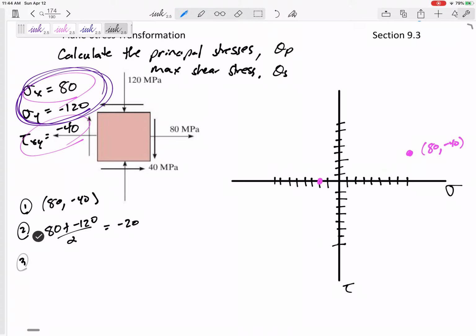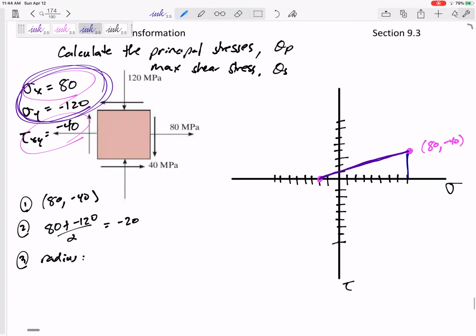Step 3, the radius. The radius would be this length right there. Let me draw this in purple. What would that length be? Well, I could find that by looking at this triangle. This triangle does have a height of 40, but it does not have a base of 80.